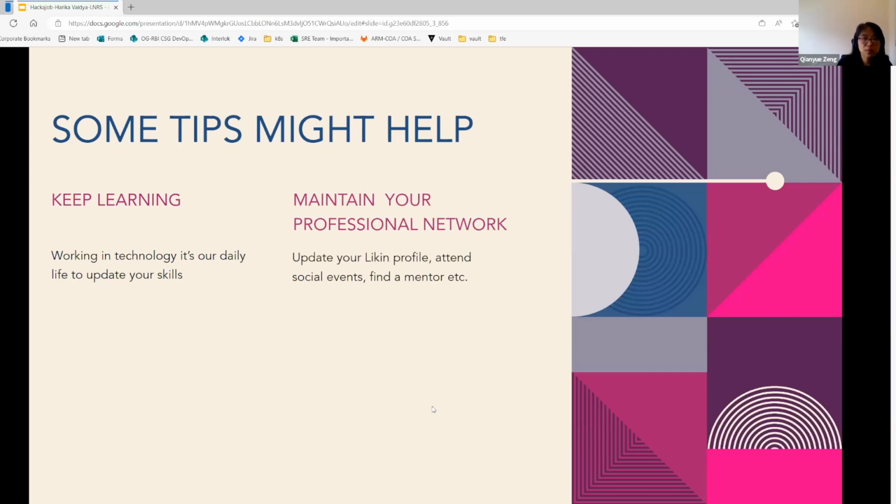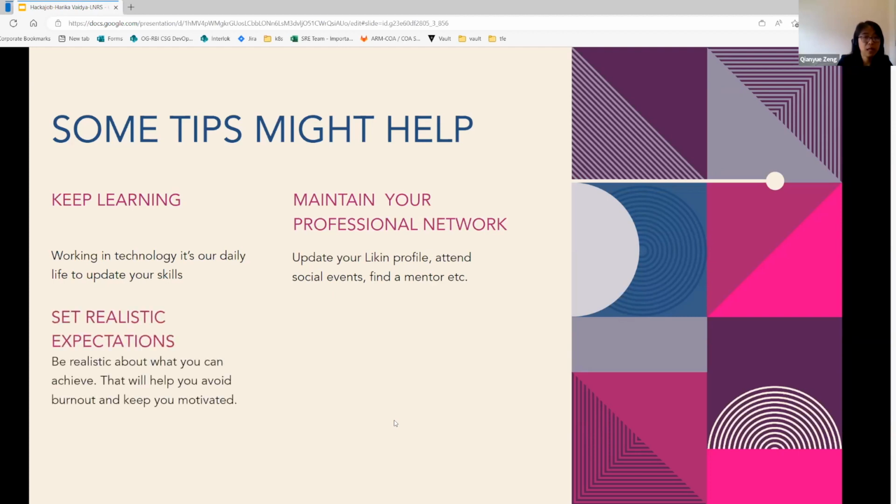And the second one is maintain your professional network. For example, keep updating your LinkedIn and try to get involved in more events to meet new people, to understand what is happening in this industry, and also seek mentors and support from those people.